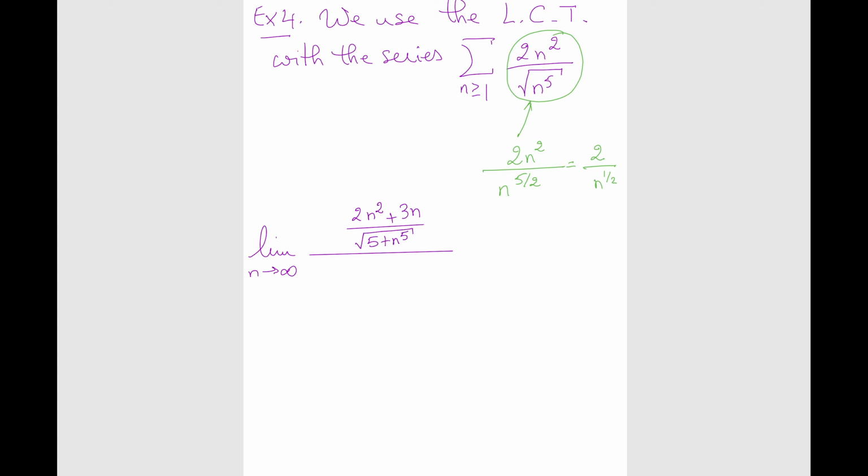And the downstairs is bn, so 2 over n to the power half. Okay. All right, so I'm going to let you complete the details. It was chosen so that this whole thing behaves exactly as this thing as n goes to infinity, right? So this is going to be 1. And 1 is a number that's finite and positive.